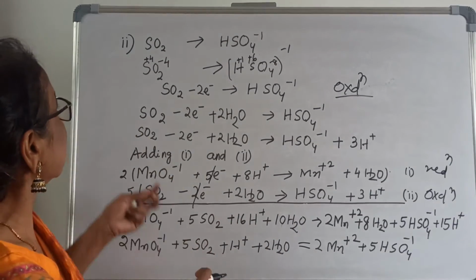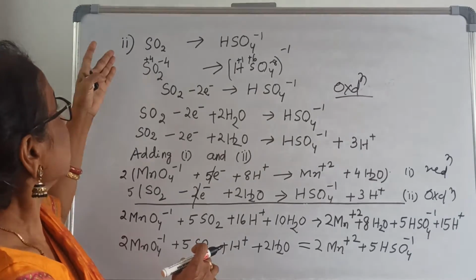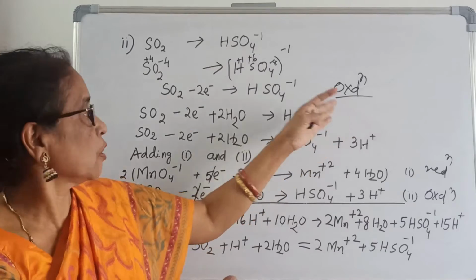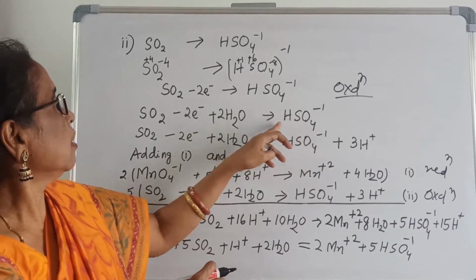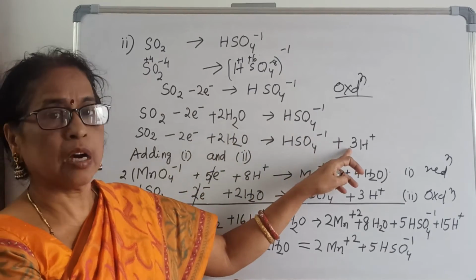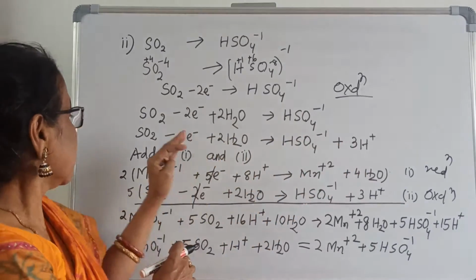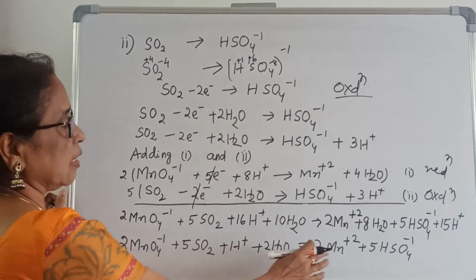Again, see the first half reaction is reduction and the second half reaction is oxidation. By balancing oxygen you add 2 water, and by balancing hydrogen you add 3 H plus. Now both are added and finally you get the last result.